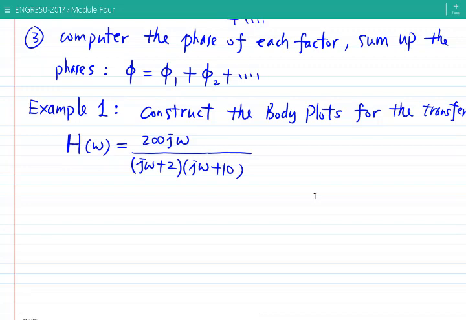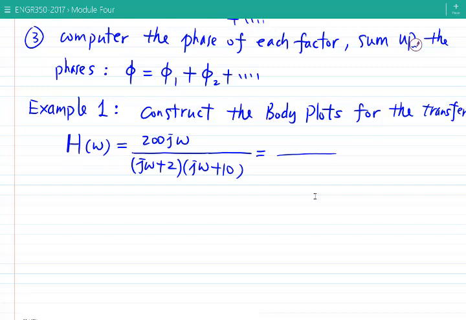In the standard form, for each factor, j omega is the complex frequency variable, and the zero order term is always 1. Here the zero order terms 2 and 10 are not 1. So first we have to make the zero order term to be 1.